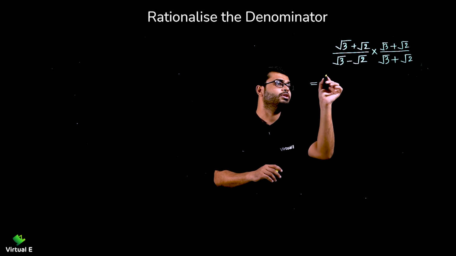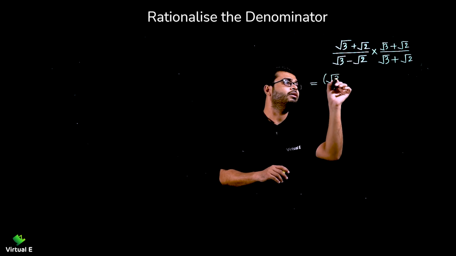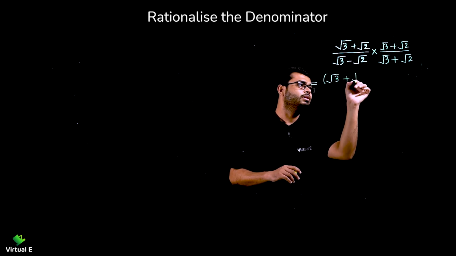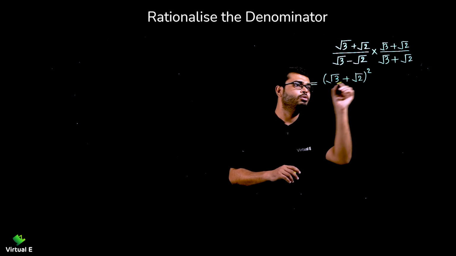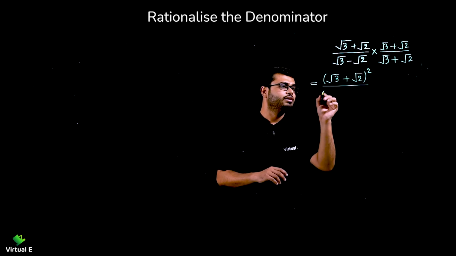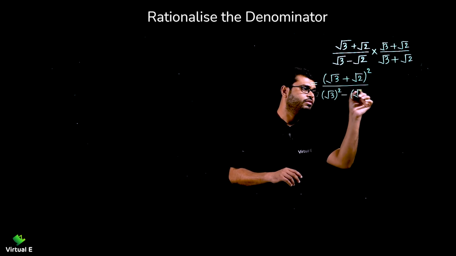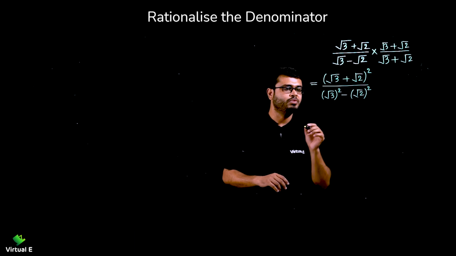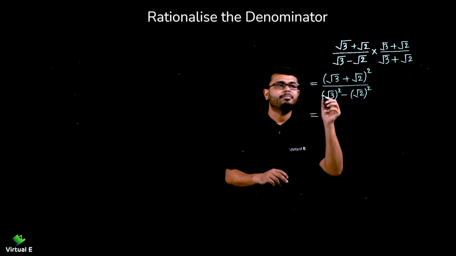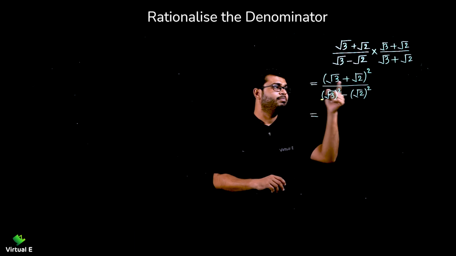So if you see the numerator, we can write square root of 3 plus square root of 2 whole square over here, and in the denominator we can simply write square root of 3 whole square minus square root of 2 square as well. So we can apply the identity directly, right? (a plus b) whole square.